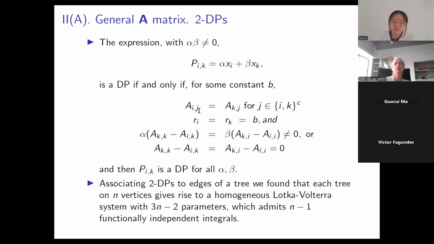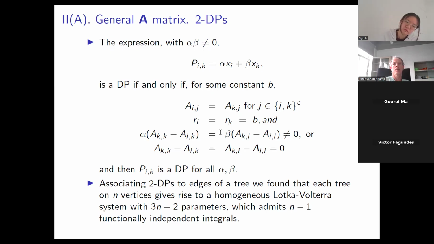You can associate this DP to the edge of a tree. So if you think of a tree on n vertices, then each vertex connects to one of the variables. The ith vertex, let's label it xi, and then an edge between vertex i and vertex j would correspond to a Darboux polynomial of this form.